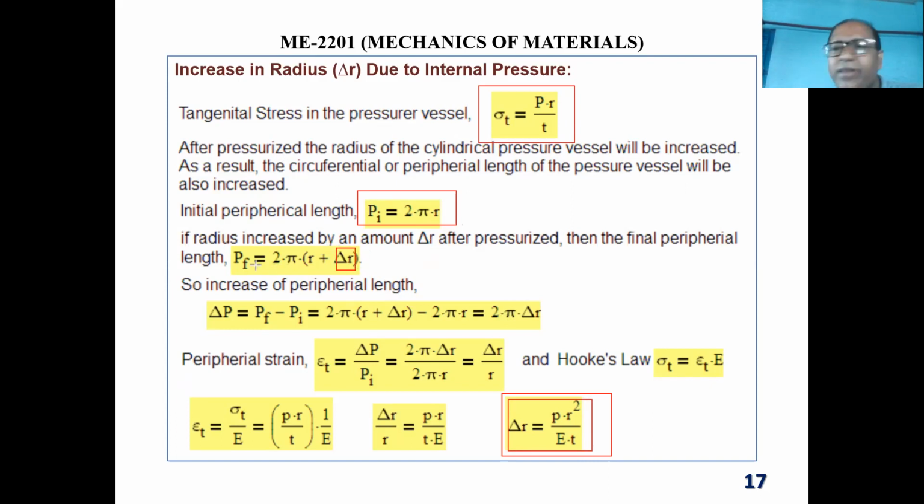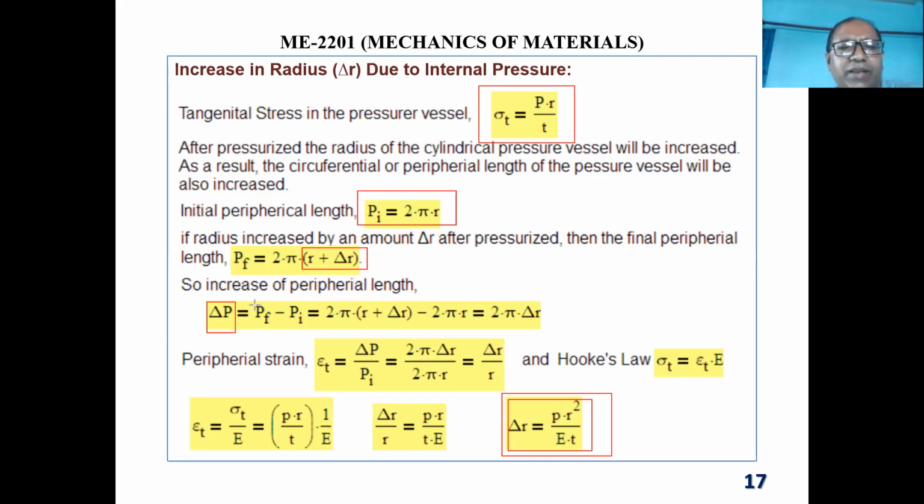So what will be the peripheral length? Pf equals 2 pi into R plus delta R, which is the final radius. So the final peripheral length Pf equals 2 pi into R plus delta R. Now delta P equals how much?